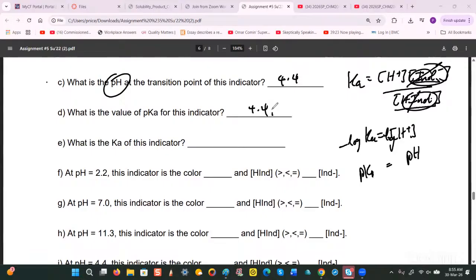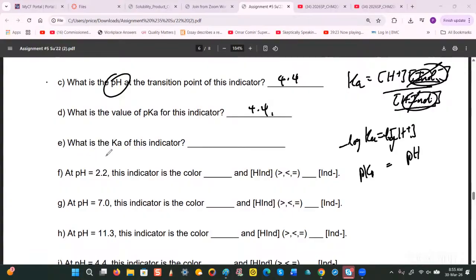All right? Because the pH is the point at which you have the concentration of the conjugate base and the acid equal to each other, which means that the Ka is equal to the concentration of H plus, which means that the pH will be equal to pKa, which is 4.4.